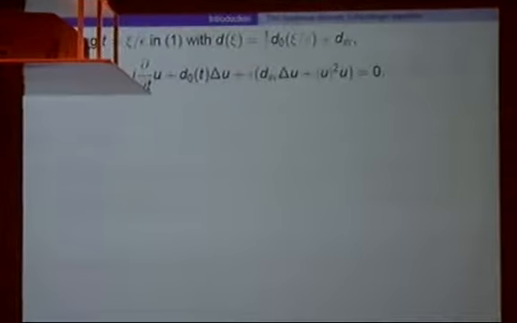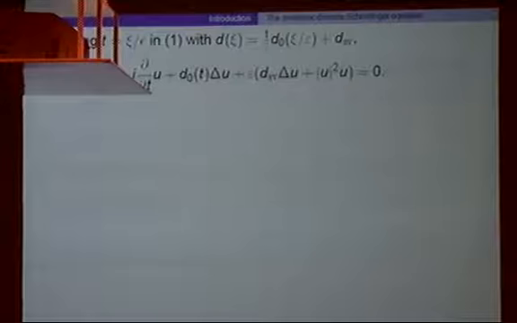Plug that d of psi in the original equation, and then change the variable t, which is psi over epsilon. Easily you can calculate this. So we have i du dt plus d sub 0 of t Laplacian of u plus epsilon multiplied by the average diffraction Laplacian of u plus |u|squared u equals 0.